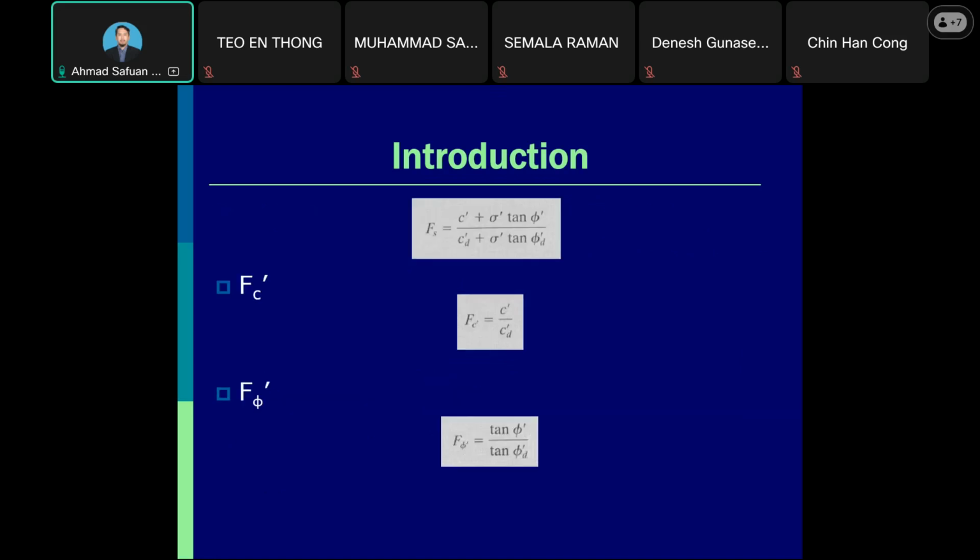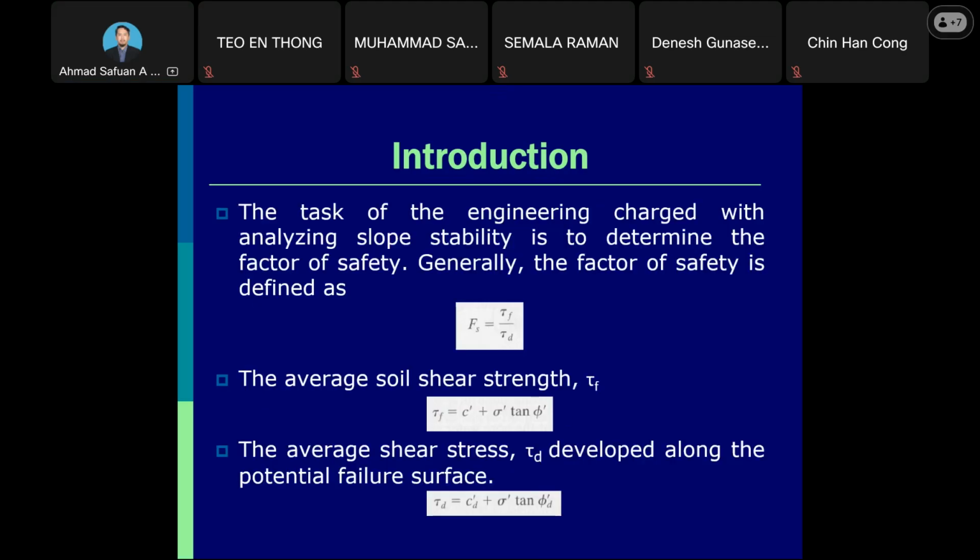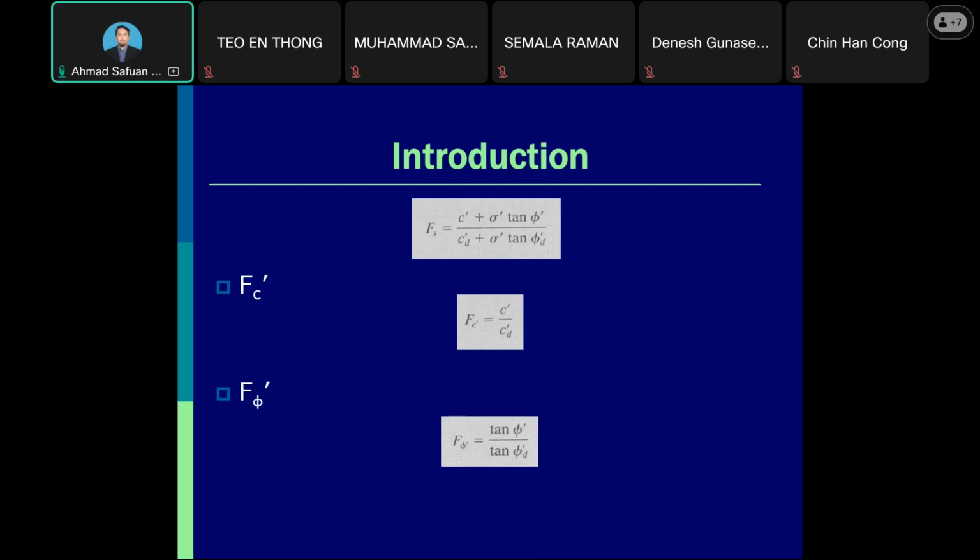So the ratio between tau f and tau d becomes C plus sigma tangent phi over Cd plus sigma tangent phi d. Then we have Fc and Fphi, which is C over Cd, and tangent phi over tangent phi d.